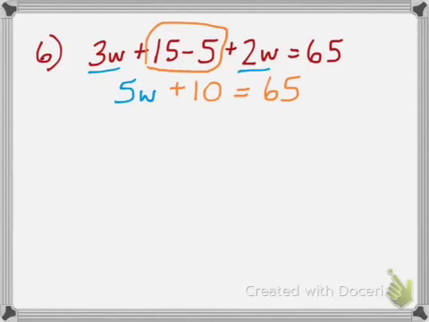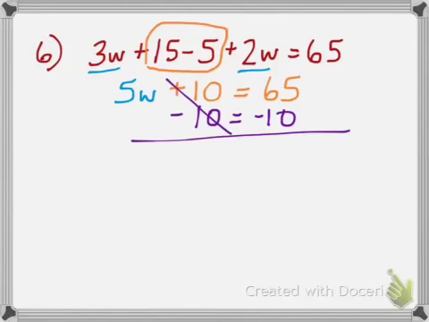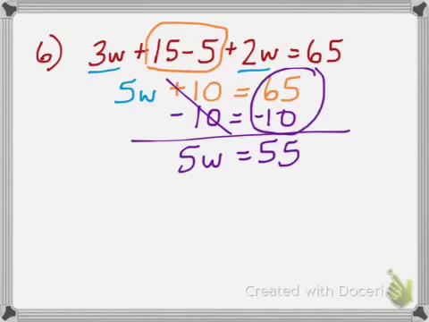And then I have to either add or subtract to get rid of my constant first. The opposite of adding 10 is subtracting 10. So I'll subtract 10 from both sides, and I'm left with just this 5w. So 5w equals 55, because 65 minus 10 is 55.